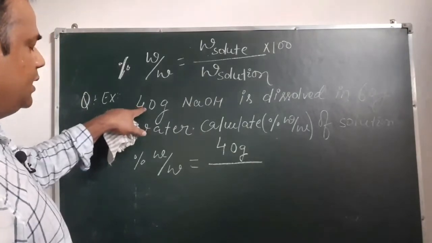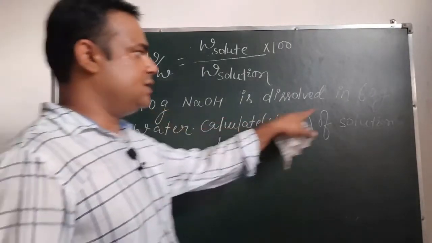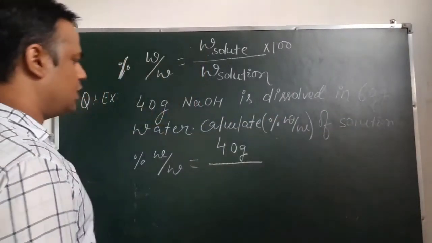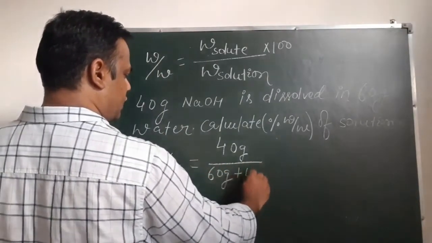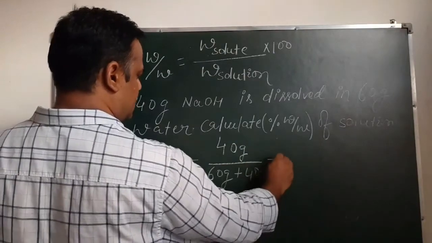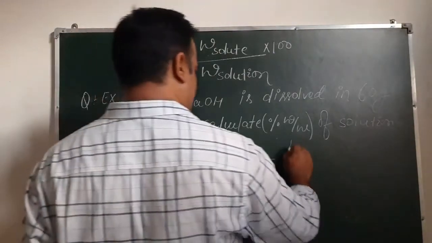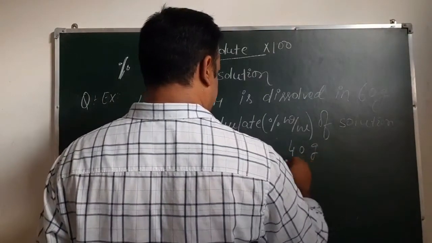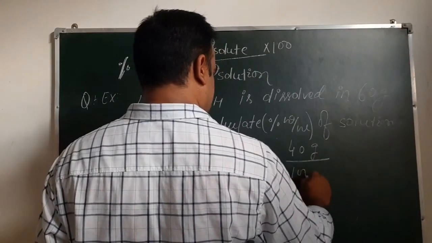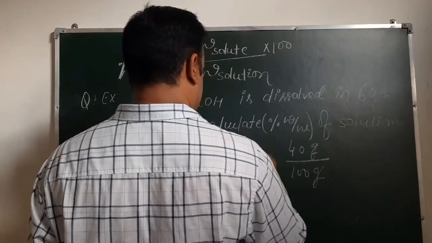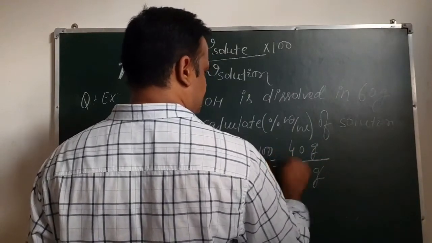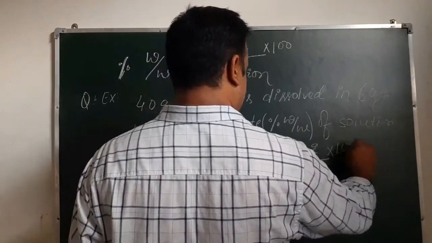When we dissolve 40 gram NaOH in 60 gram water, the total mass of solution will become 60 gram water plus 40 gram NaOH, which is 40 gram divided by 40 plus 60, 100 gram, and then multiplied by 100.